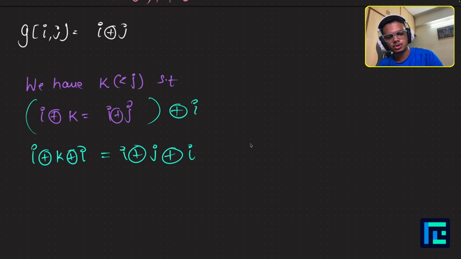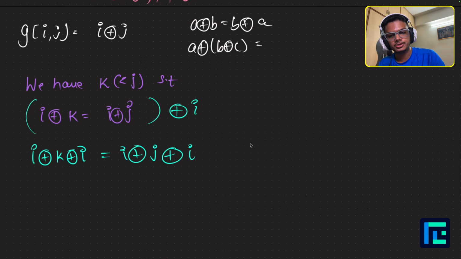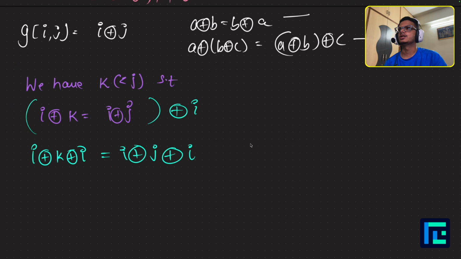Now there is a property of XOR. XOR is commutative and associative both. So A XOR B is actually equal to B XOR A, and A XOR B XOR C is actually equal to A XOR B whole XOR C. So this is commutativity, this is associativity. I guess you have studied this in your plus 2 or 10th, whatever. So commutative and associative property.